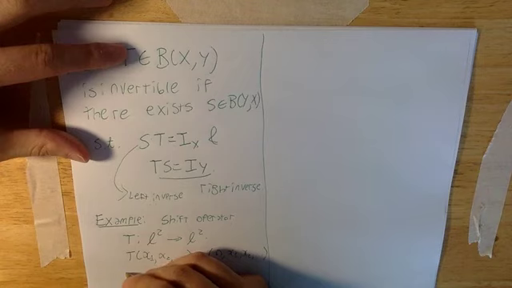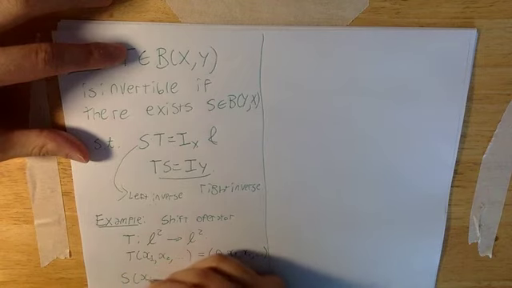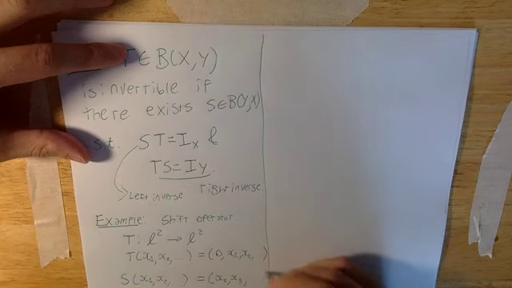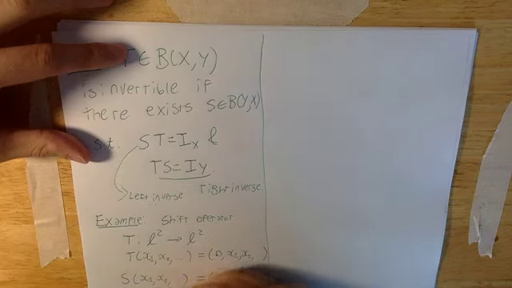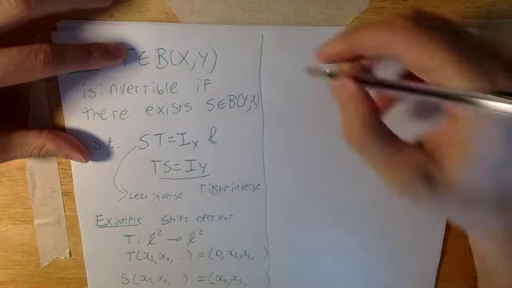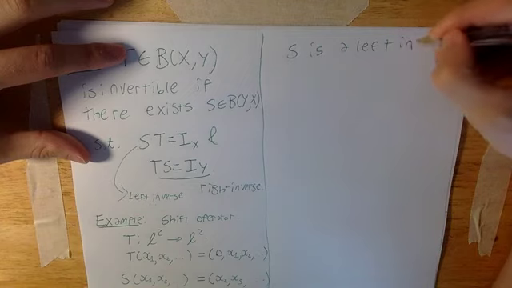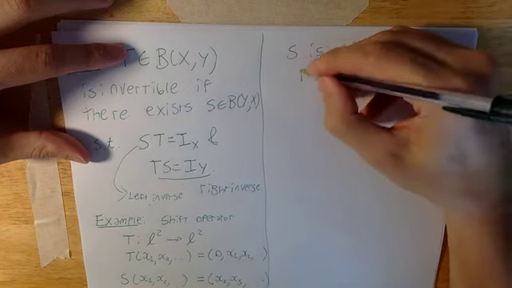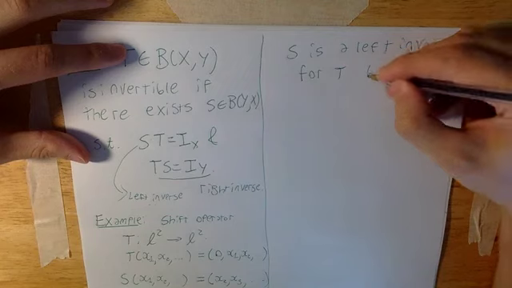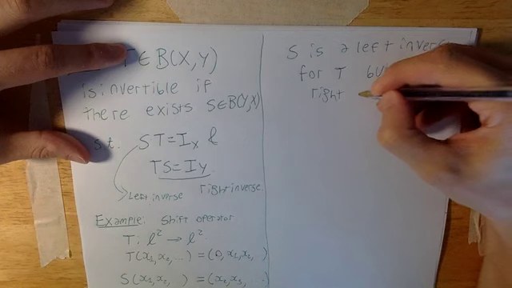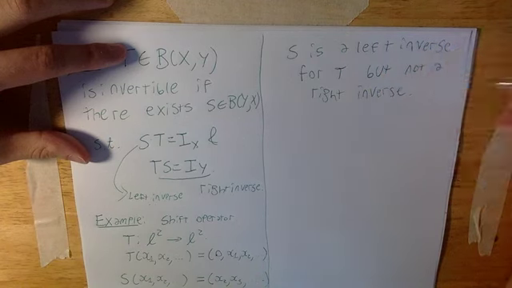If we take S of (x1, x2, and so on) to be (x2, x3, and so on), then S is a left inverse for T, but not a right inverse.